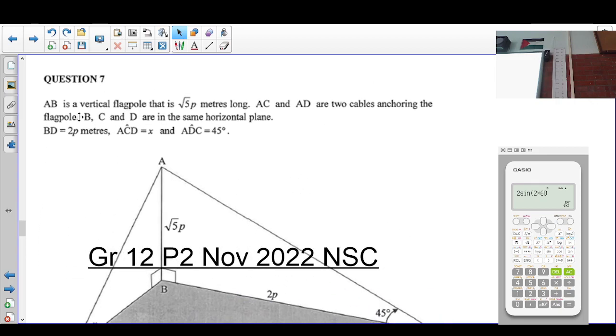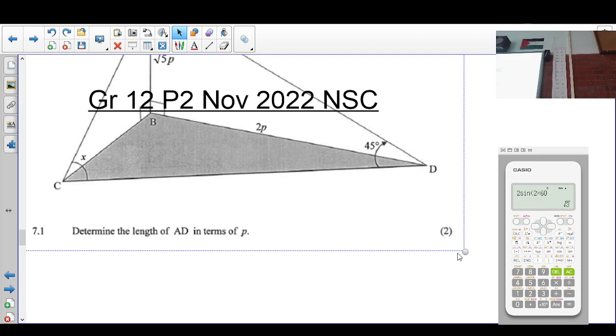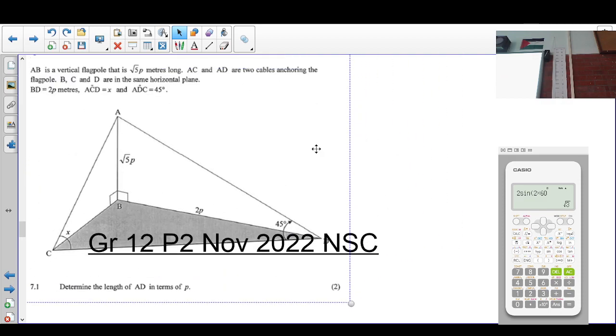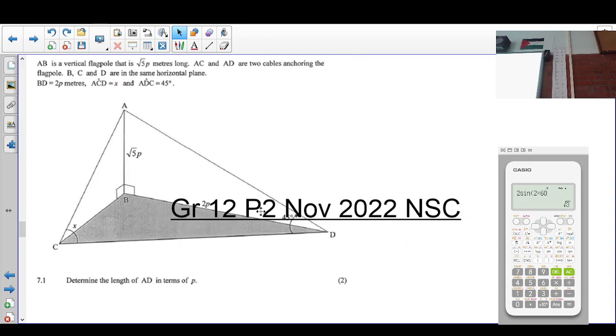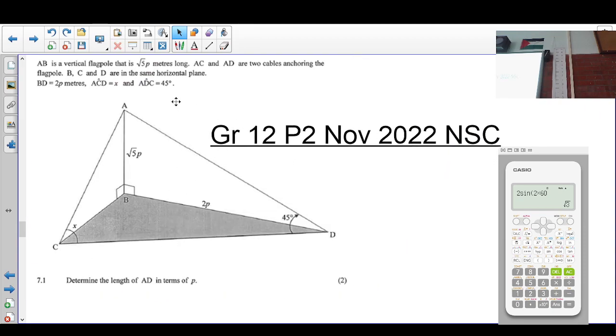Right, question 7. So our 3D problem now. We are told here that AB is a vertical flagpole that is root 5p meters long. AC and AD are two cables anchoring the flagpole. B, C, and D are in the same horizontal plane, assuming that's the ground.